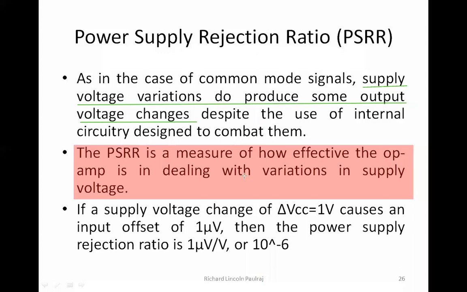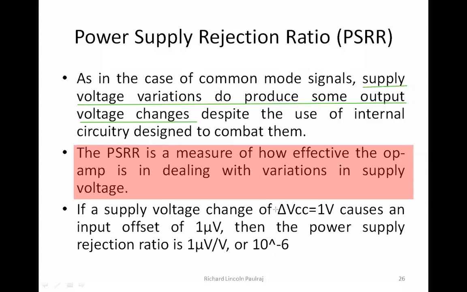Yes, right? So this PSRR is a tool, or a measure, of making sure that this goal is achieved. What goal? Making sure that we have proper supply voltages without any changes. If the supply voltage changes, let's take an example.